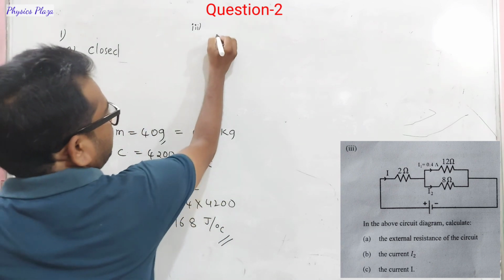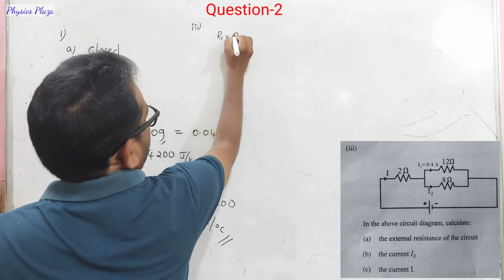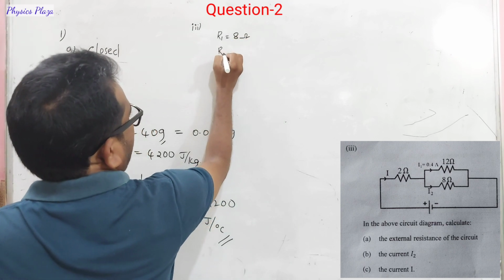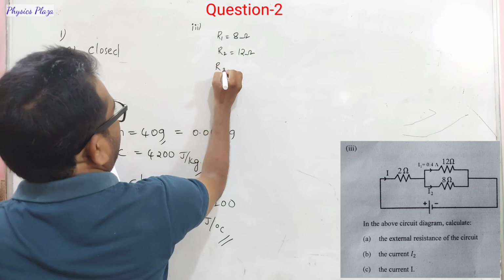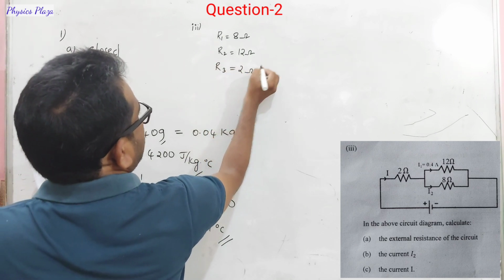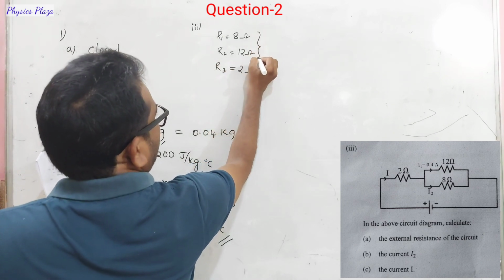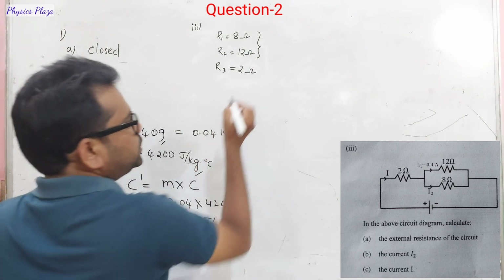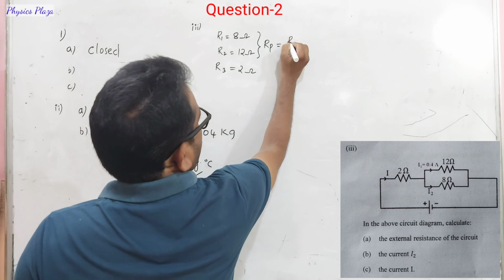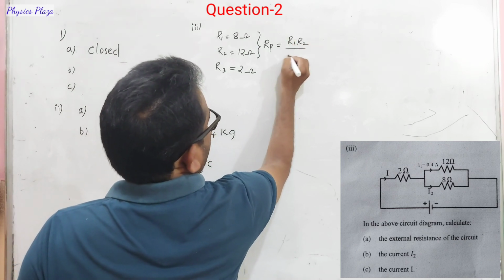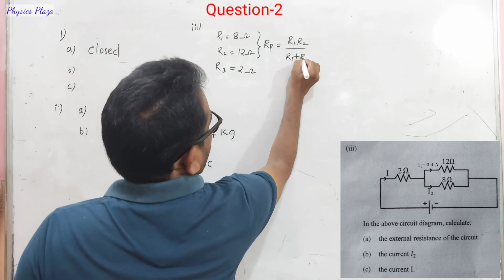Children, first of all, let R1 be 8 ohm, R2 be 12 ohm, and R3 be 2 ohm. From the diagram, R1 and R2 are in parallel. So what is the resultant resistance? Rp is equal to R1 into R2 by R1 plus R2.